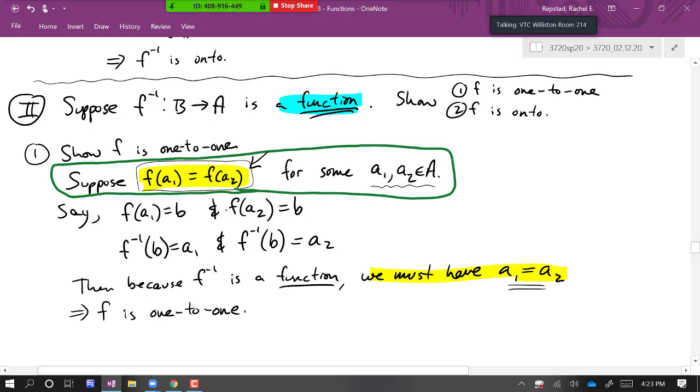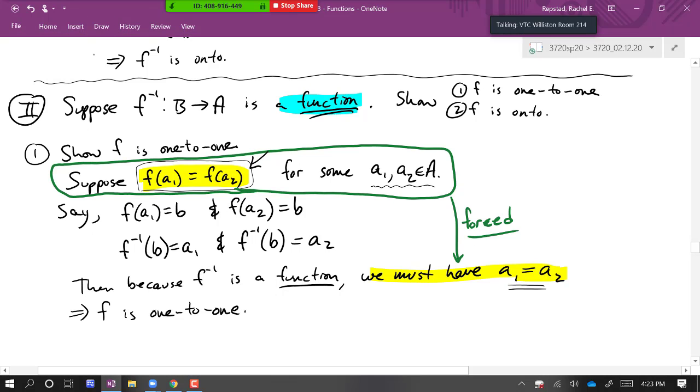Let's entertain this like a thought experiment for a moment and see what we can conclude if this were the case. And if supposing that f of A1 is equal to f of A2 forces this conclusion, then that's when we get to say that the function must be 1-to-1.